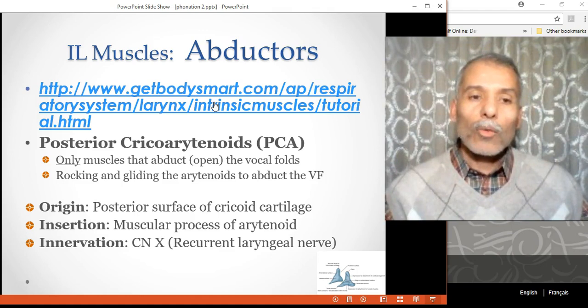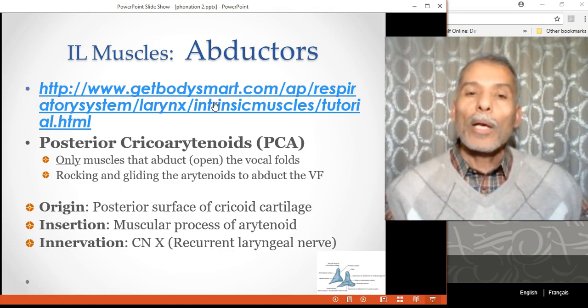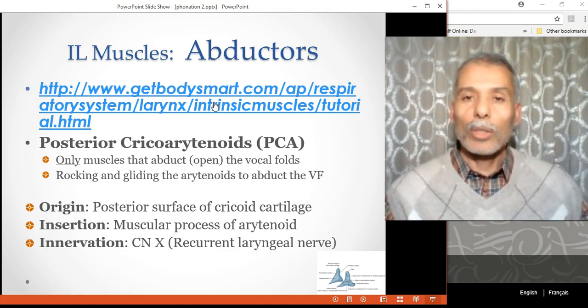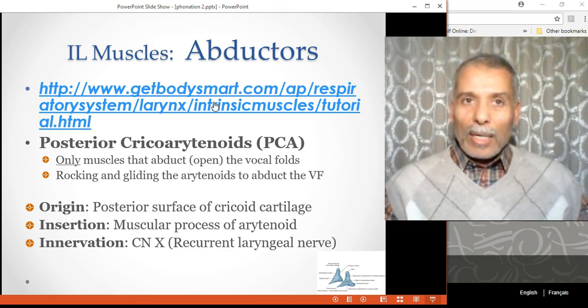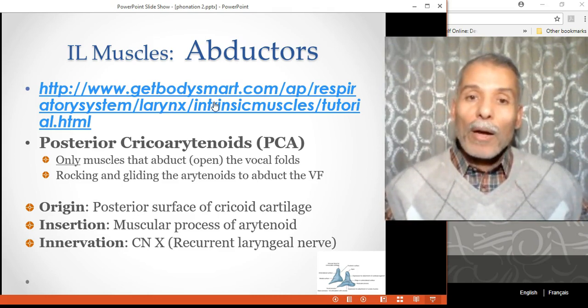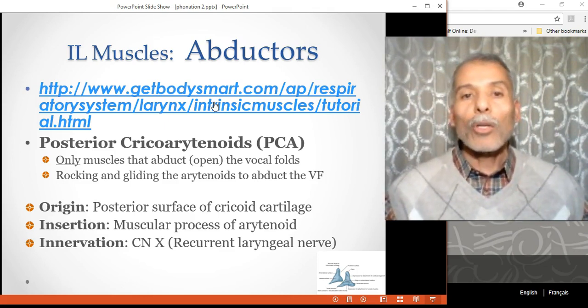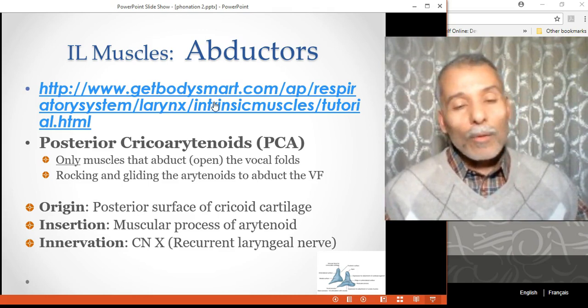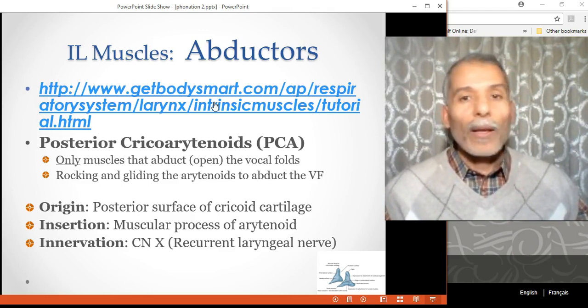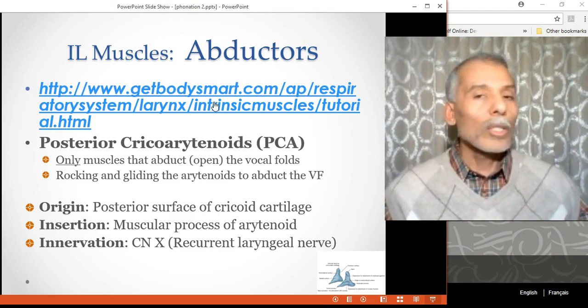So that muscle is called the posterior cricoarytenoid muscle. I cannot emphasize enough how important it is to name the muscle precisely and to put every single part of the name correctly. If you tell me the cricoarytenoid muscle abducts the vocal fold, that gives you absolutely no credit.